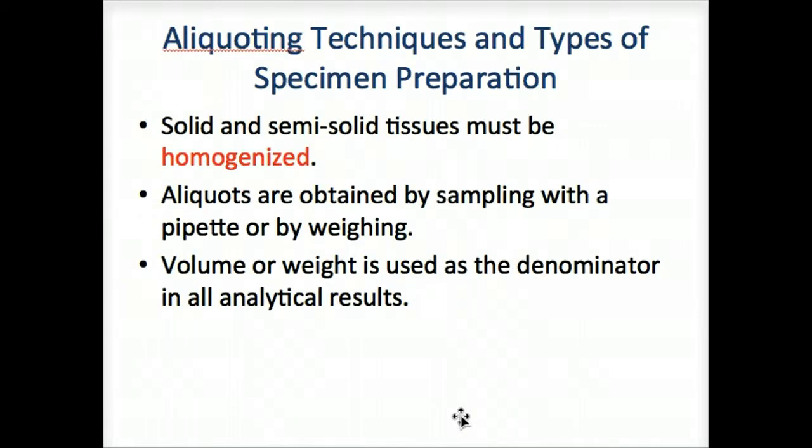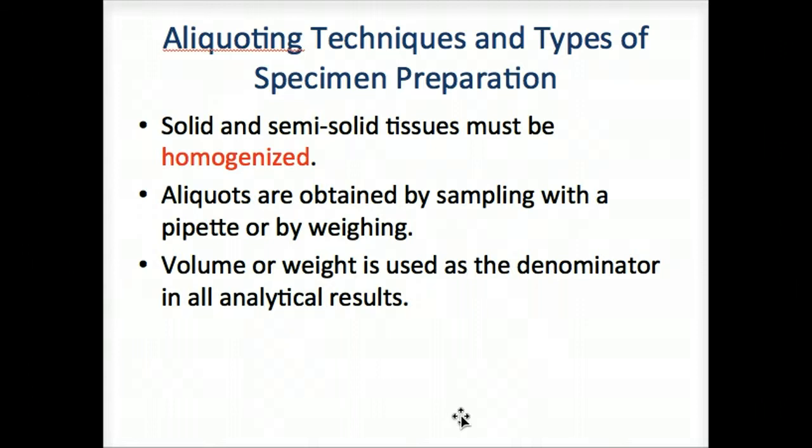Aliquoting techniques and types of specimen preparation. Solid and semi-solid tissues must be homogenized with water or buffer prior to continuing with a given protocol. For example, liver tissue has to be homogenized before it can be analyzed and tested. Aliquots are obtained by direct sampling with a pipette or by weighing.